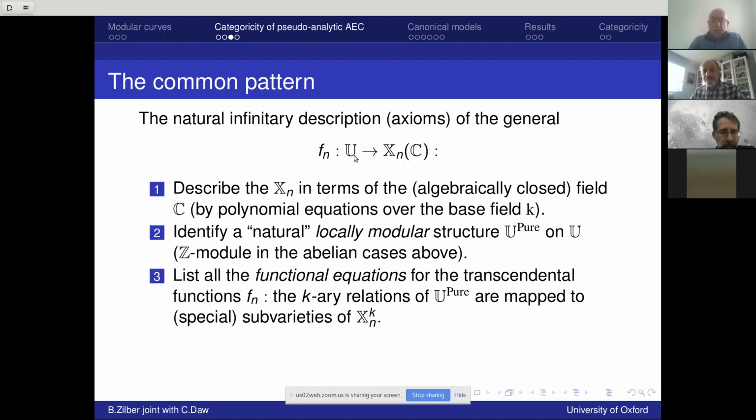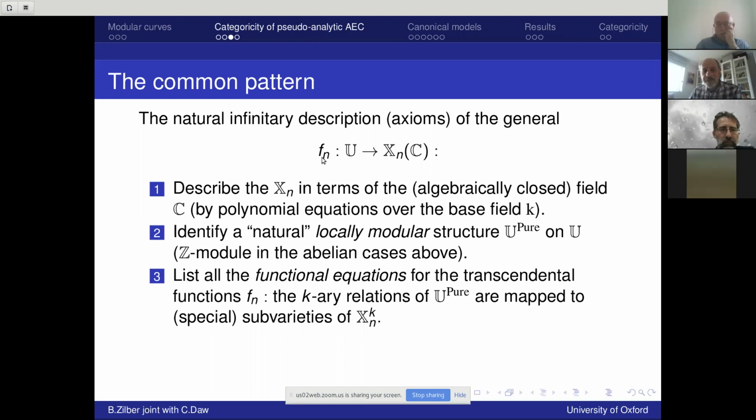It's a very similar situation in the abelian varieties case. And when we start thinking about hyperbolic cases, then what we will see here is what in the theory of Shimura varieties is called special relations or special subsets, special subvarieties.